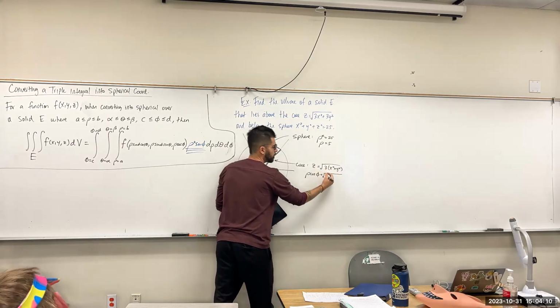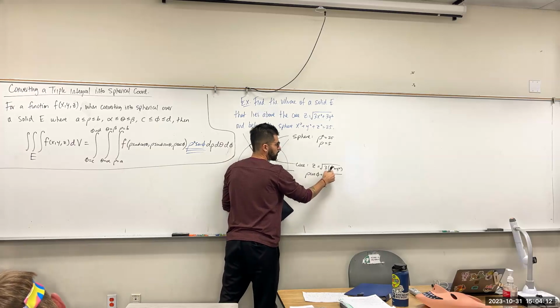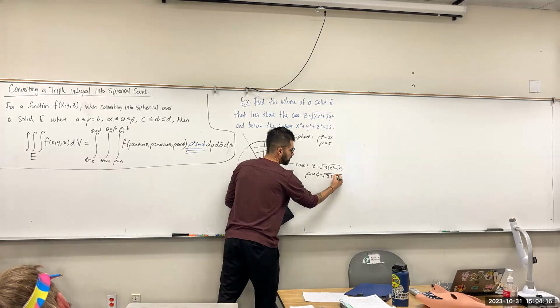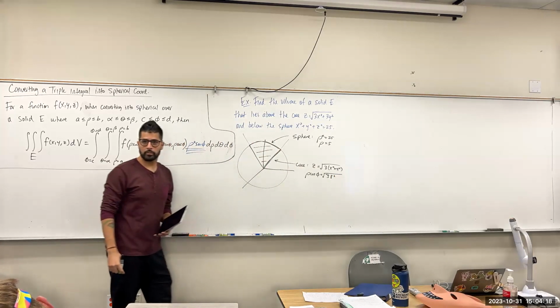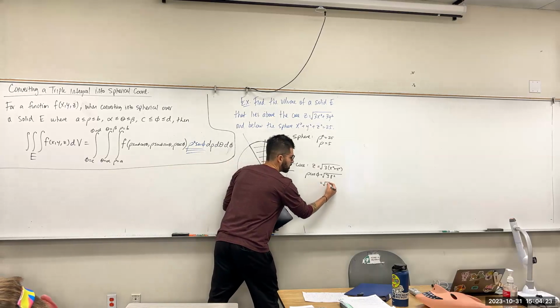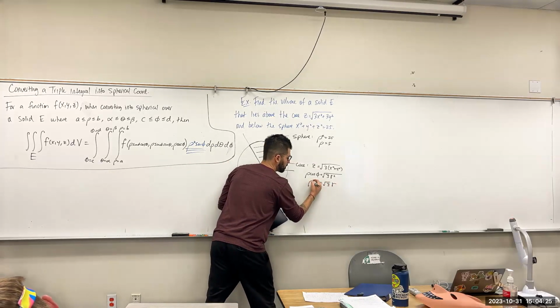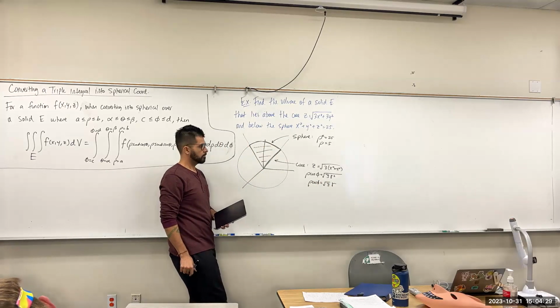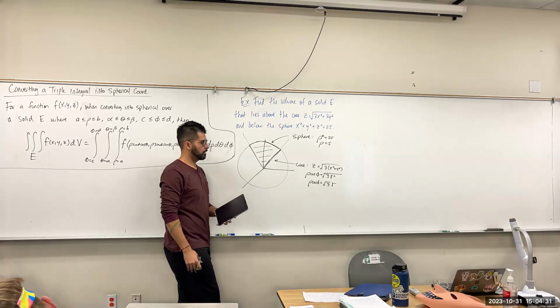The 3 stays 3. What was my little tip to you? That's just r squared, right? So then we end up with the square root of 3 times r. Then you square root it, so you get r.